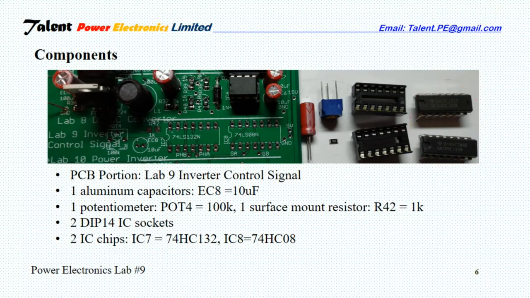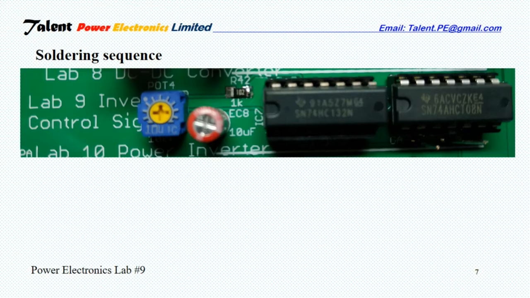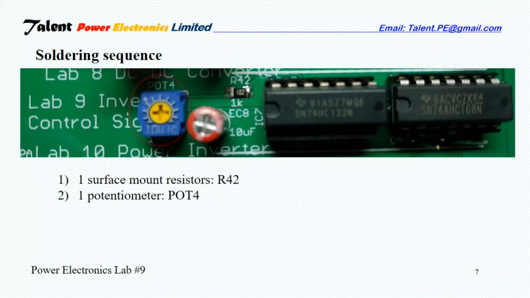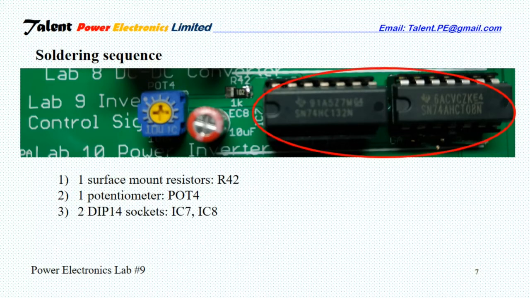74HC08. The recommended procedure for soldering the components are: Step 1. 1 surface mount resistor, R42. Step 2. 1 potentiometer, POT4. Step 3. 2 DIP14 IC sockets, IC7, IC8.